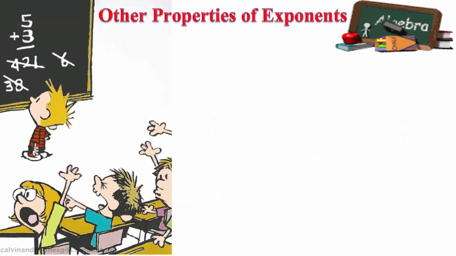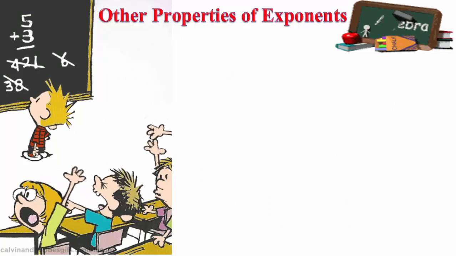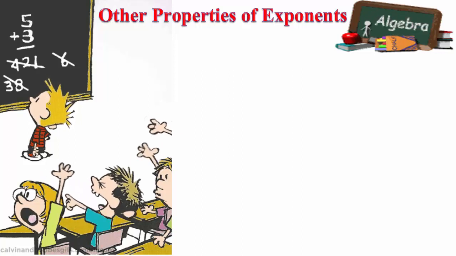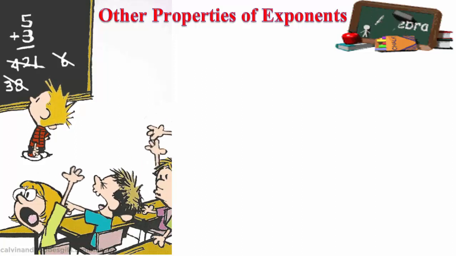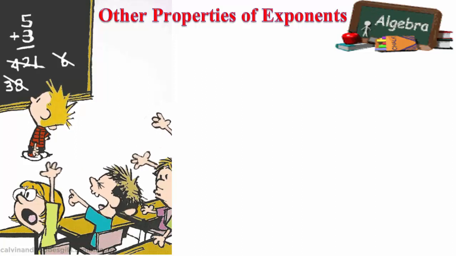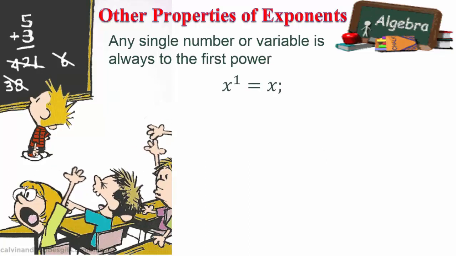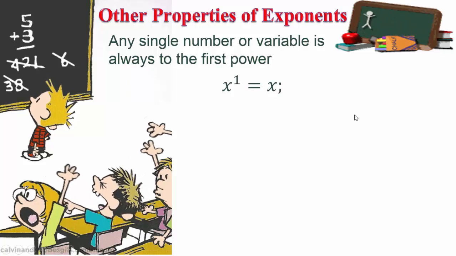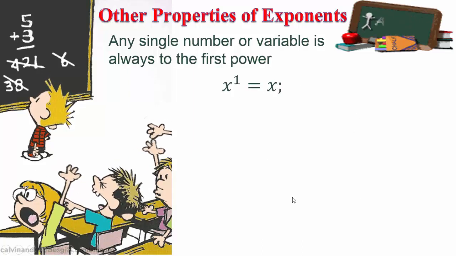So then there are some other properties of exponents, and these are things that you really should know when you're working out problems or examples that are a little bit more complicated because this stuff comes up. So remember, any single number or variable is always to the first power, meaning that if we have just x all by itself, that assumes it's to the first power.